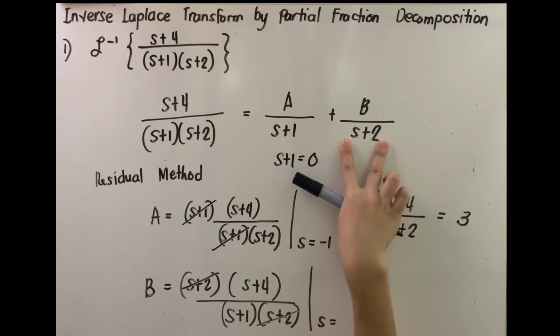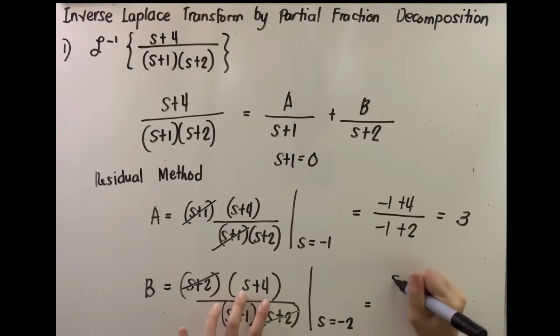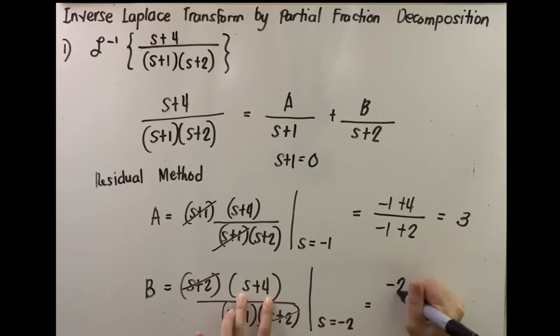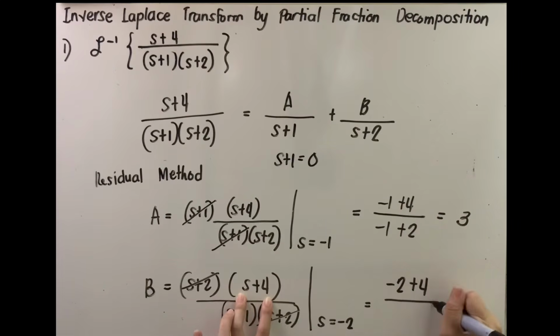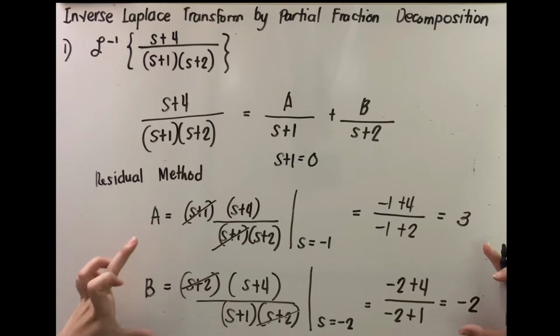And that will give you s equal to negative 2. So if s is negative 2, for s plus 4, you'll get negative 2 plus 4 all over, you have here negative 2 plus 1. So you have positive 2 over negative 1. You get negative 2 for the value of b. And this is easier. Okay?